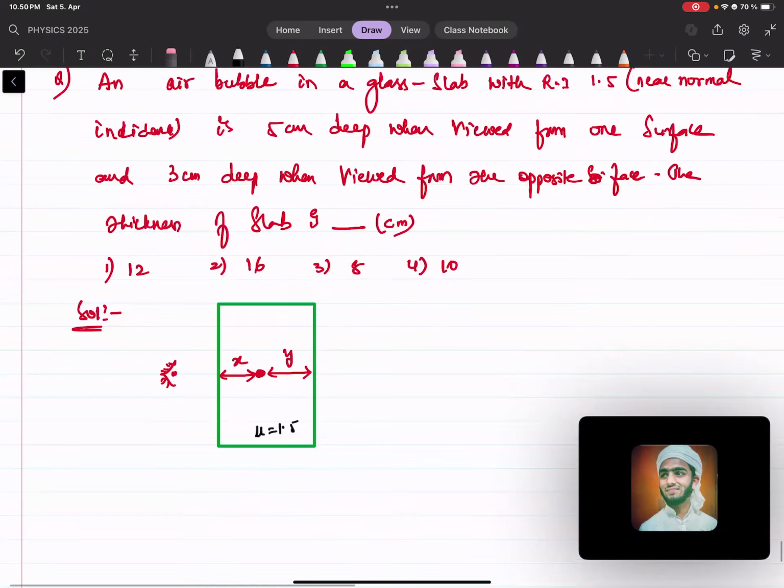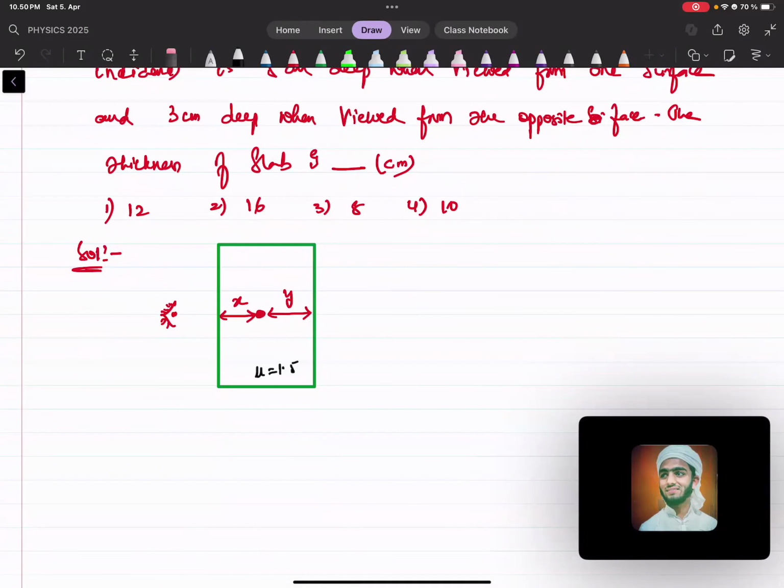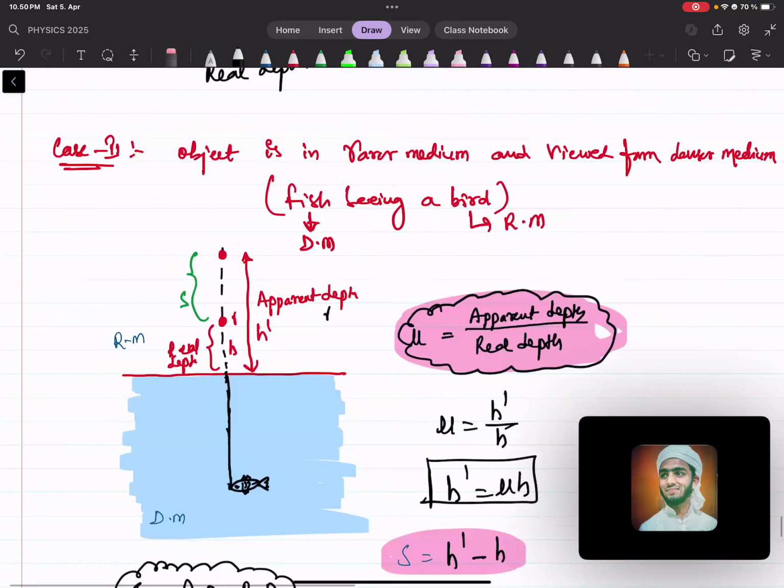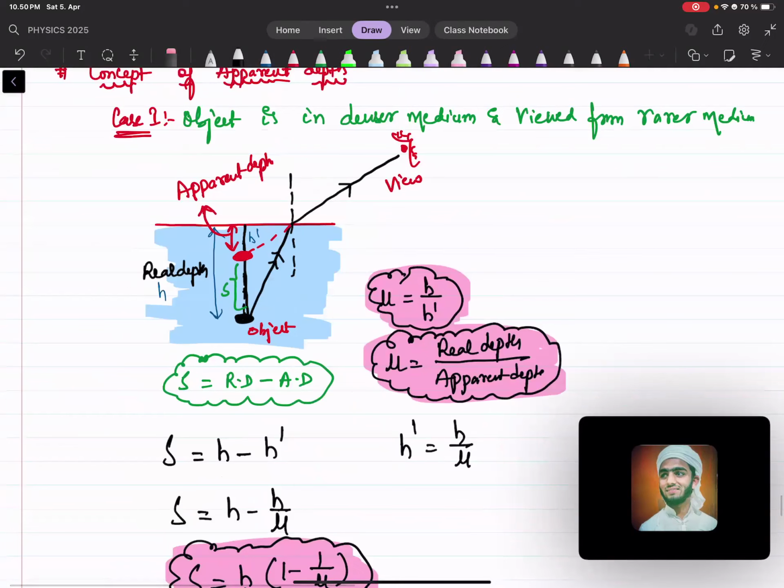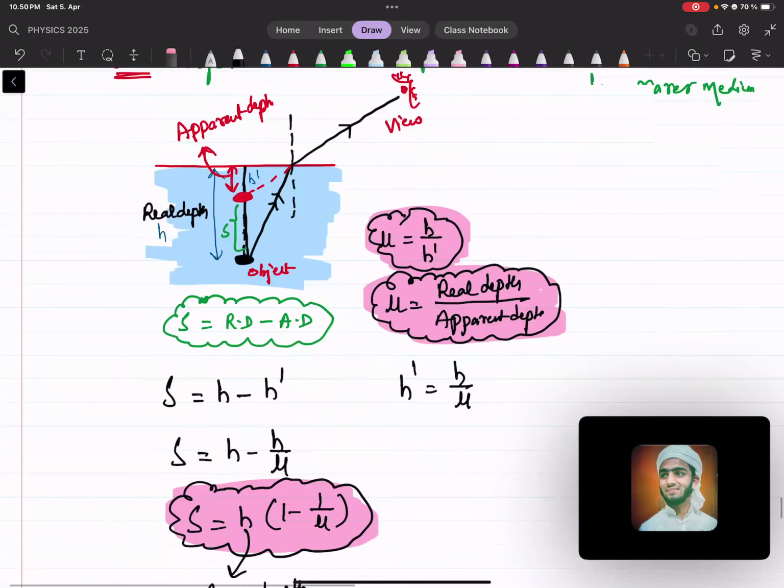When I'm seeing from this side, it appears to be nearer or far? This is the first surface. I'm seeing from this side. This is your bubble object. The object is in the denser medium. It appears to be nearer. Like this first case, the object is in the denser medium and you are seeing from the other side, so it appears to be nearer.